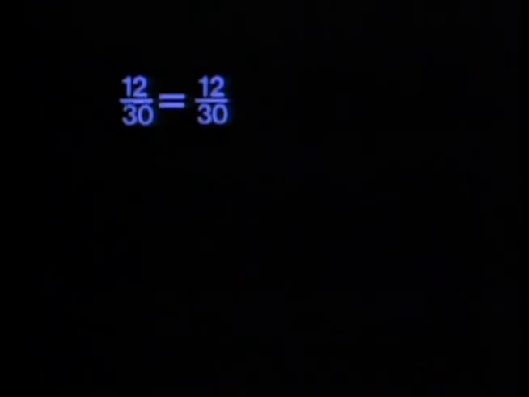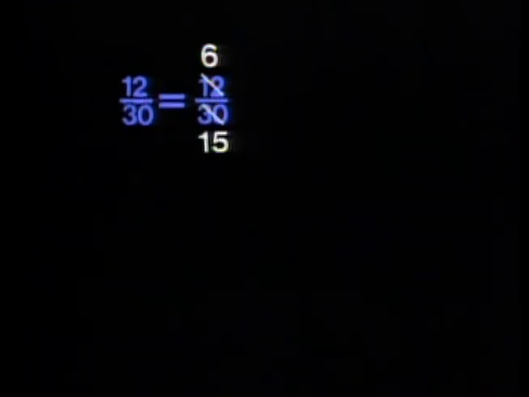Suppose we're asked to reduce 12/30. We notice that 12 and 30 are both even numbers, so we divide through by 2. This gives us the fraction 6/15, but we're not done.